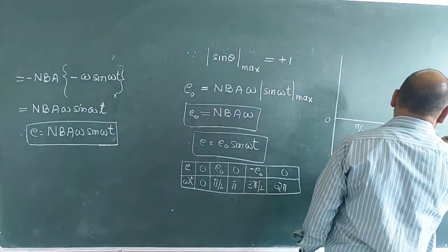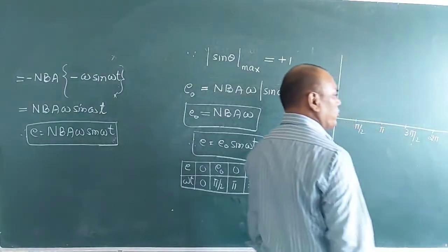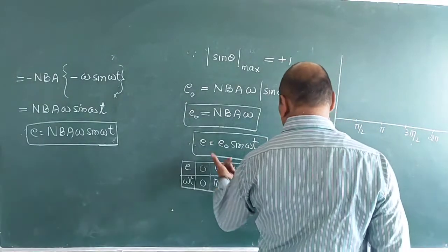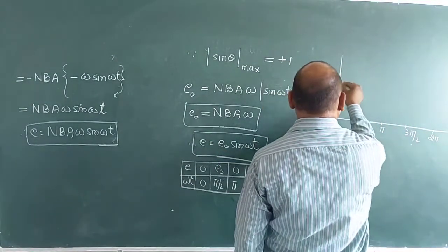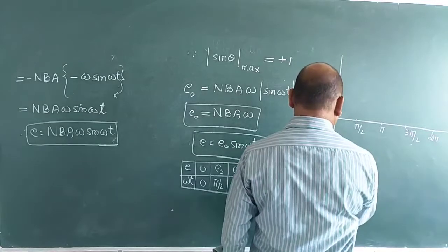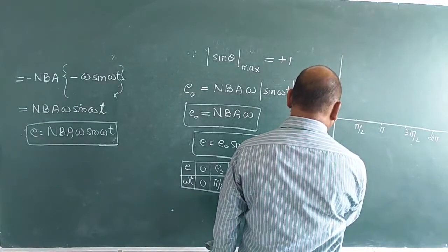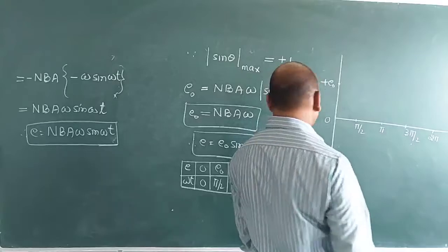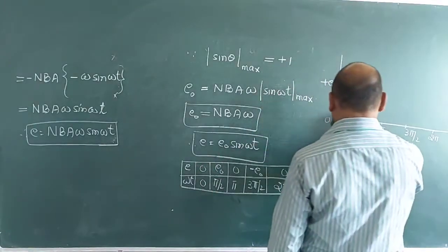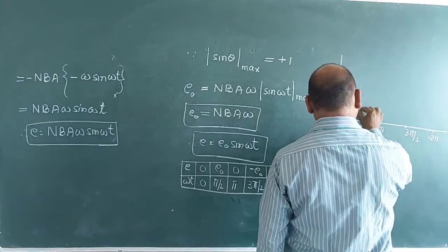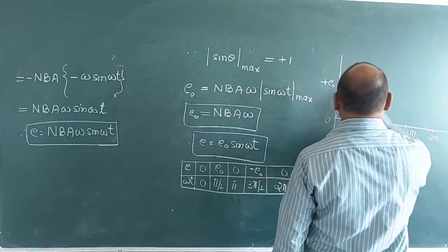If you are plotting this graph here, this is the origin, pi by 2, pi, 3 pi by 2 and 2 pi for one complete rotation, and the value of this will be here plus E0, and here it will be minus E0. So the graph starts from the origin and takes the maximum value at pi by 2.